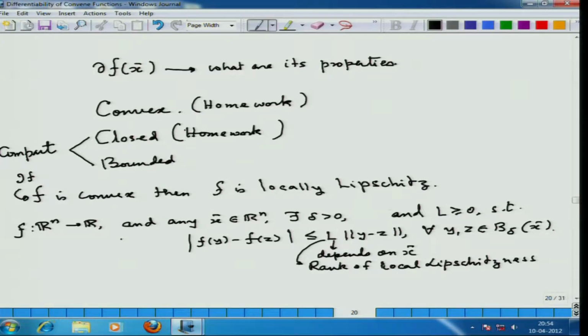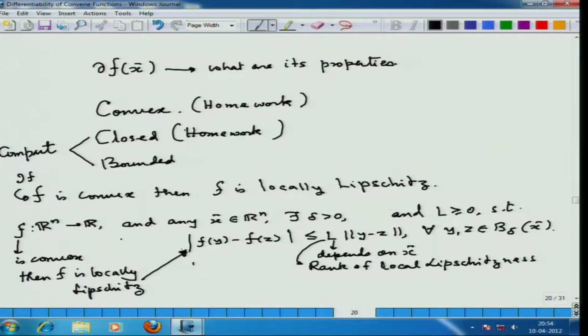So, any convex function, if f is convex, then f is locally Lipschitz.